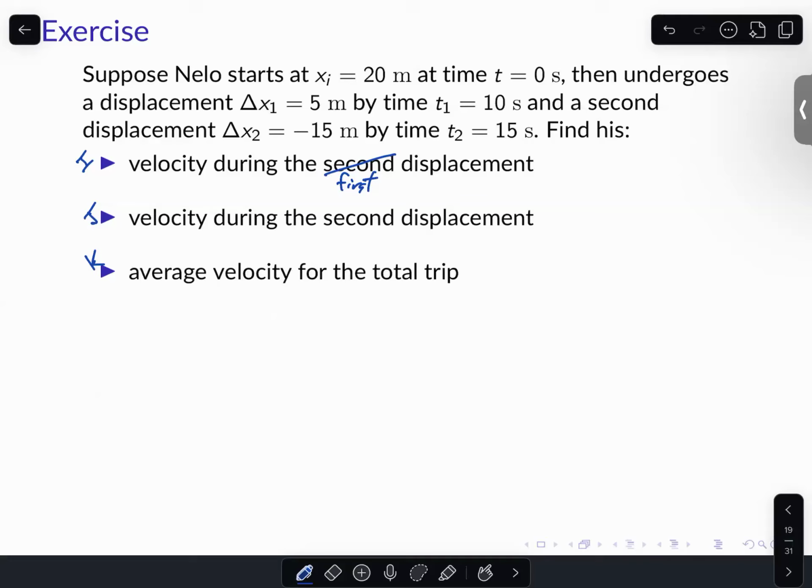Displacement divided by time interval. Check yourself.